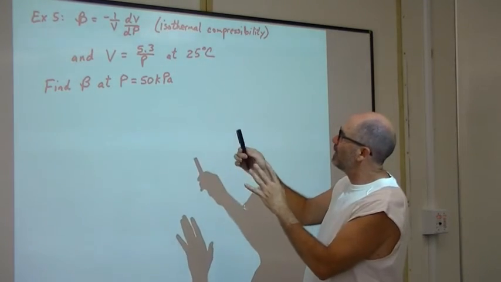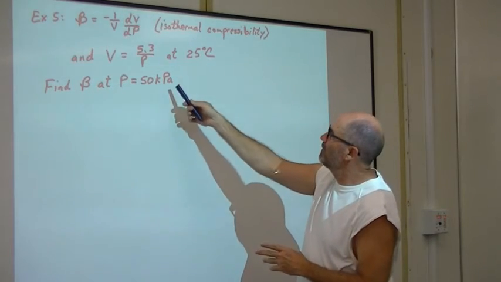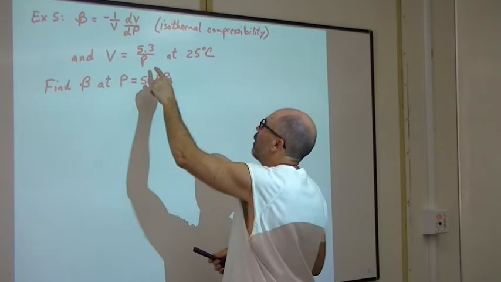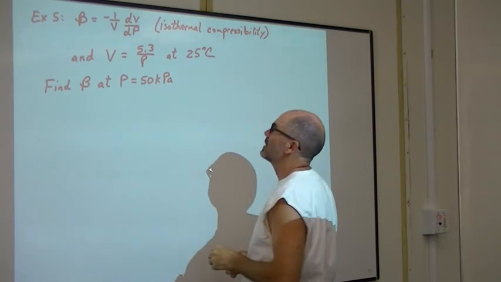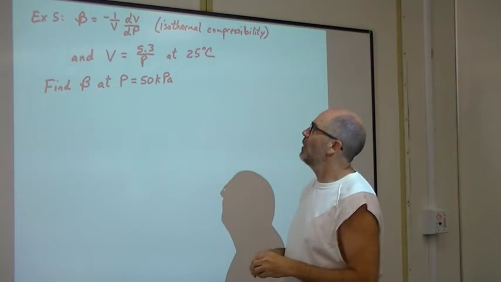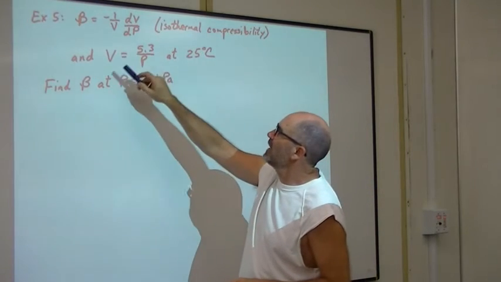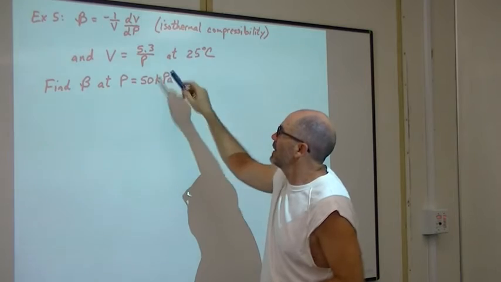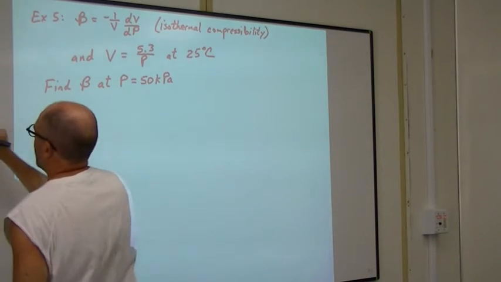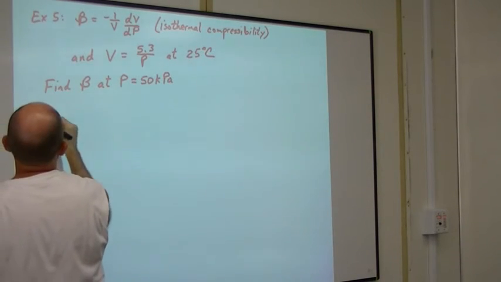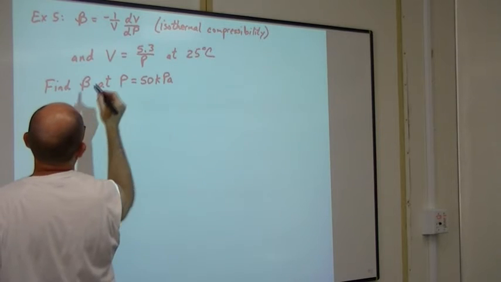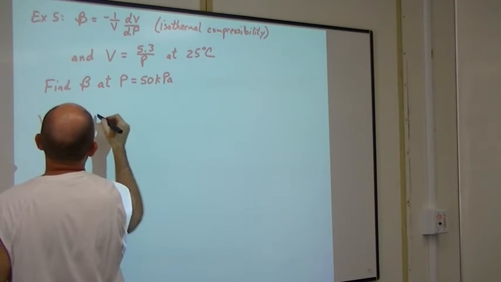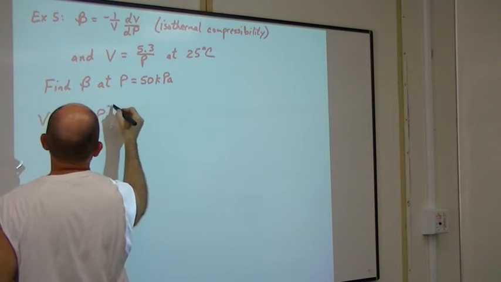Okay, so here we go. I want beta when P equals 50 kilopascals. That means I need to find the volume at that point. And so, actually, before we do that, let's find dV dP using this. So, if V equals 5.3 over P, we could really write that as 5.3 P to the -1.